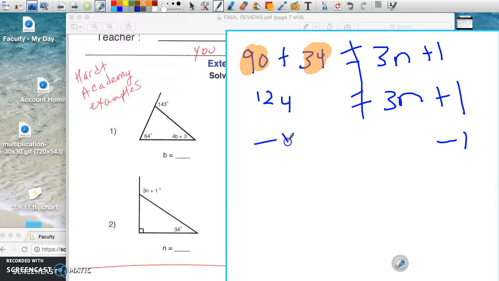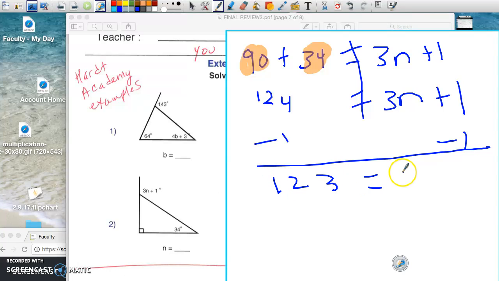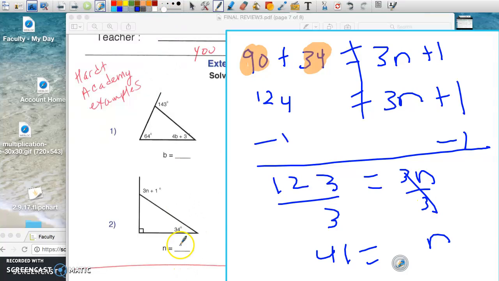Subtract 1. Yeah, you can do it backwards too. That's 123 equals 3n. Divide by 3. N equals 41. Voila.